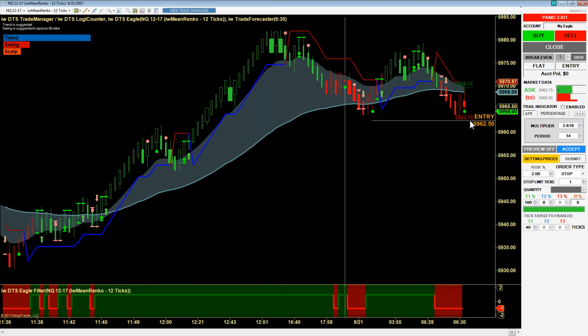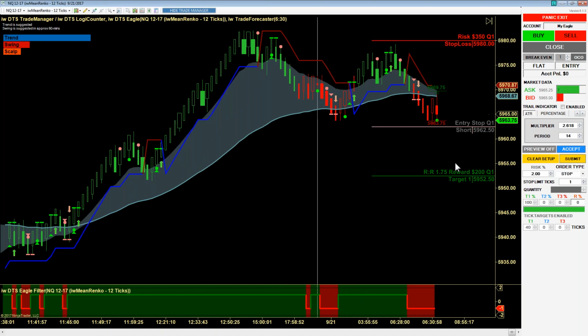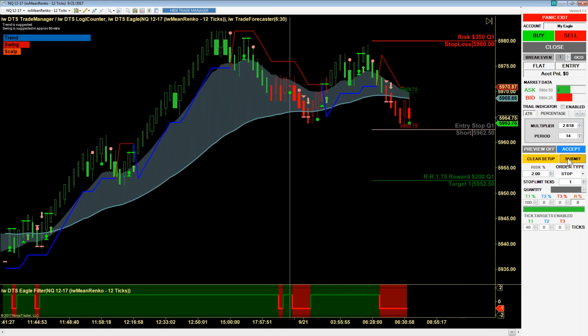You could set up to short below the low here. It's a little tricky. Counter trend trades, by their nature, are a little riskier.